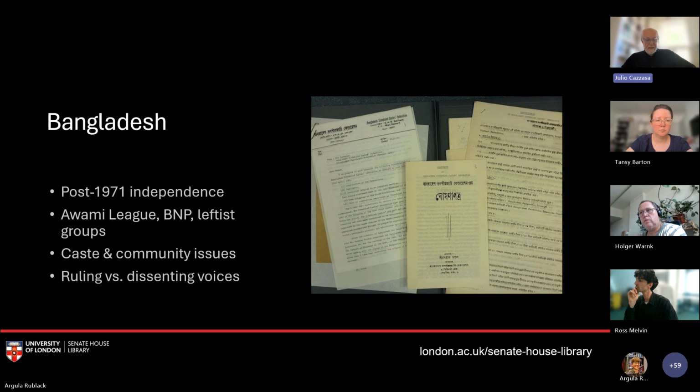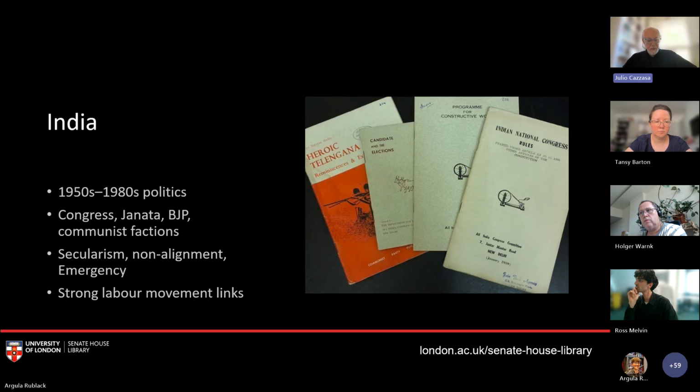The Indian material spans a broad political landscape, from mainstream parties such as the Indian National Congress to smaller regional and ideological groups, including the Janata Party, the Bharatiya Janata Party, and several communist factions. Much of this material covers the decades after independence, particularly the 1950s through the 1980s.